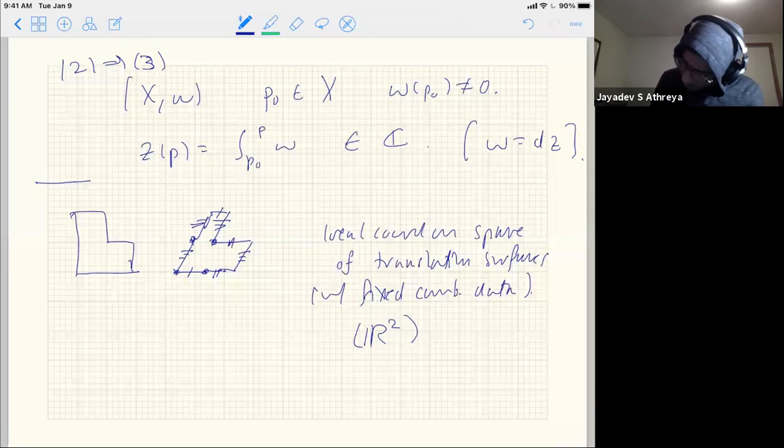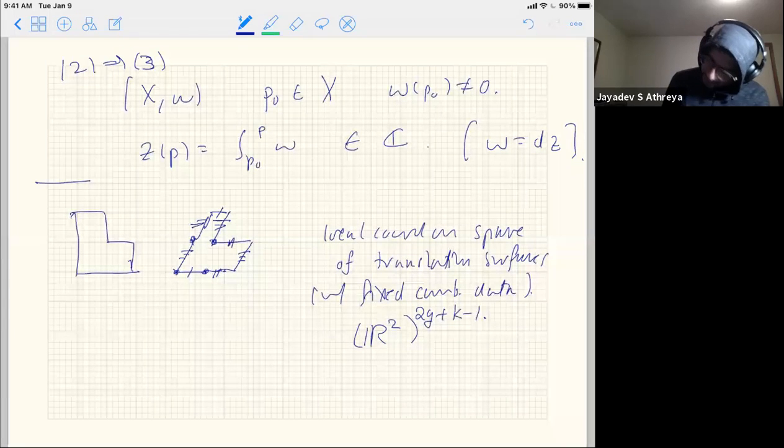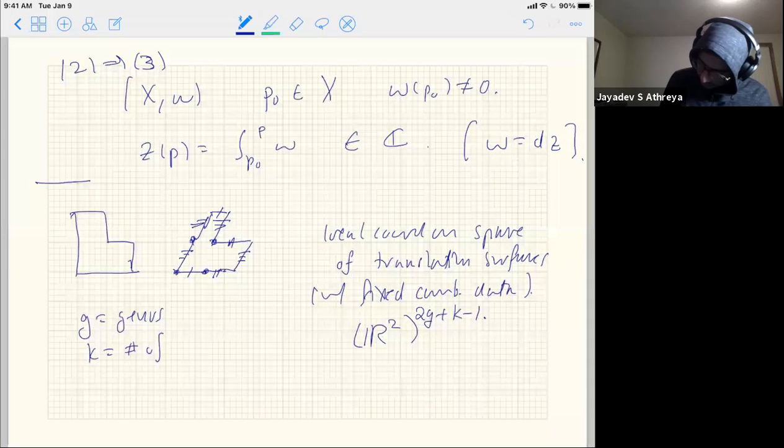Let me write down what this power is. It's R2 to the 2g plus k minus 1. What's 2g plus k minus 1 here? So g is genus, and k is the number of zeros of omega.